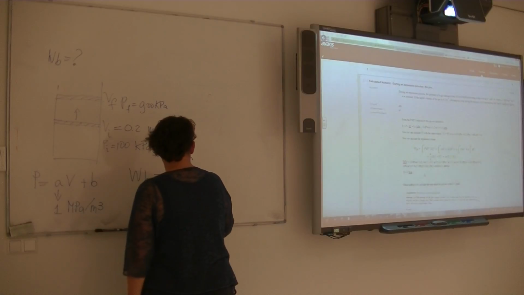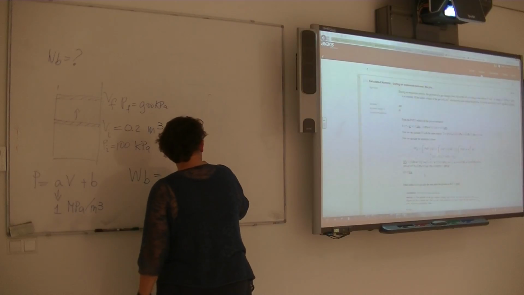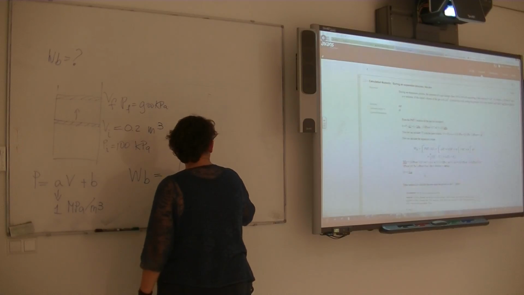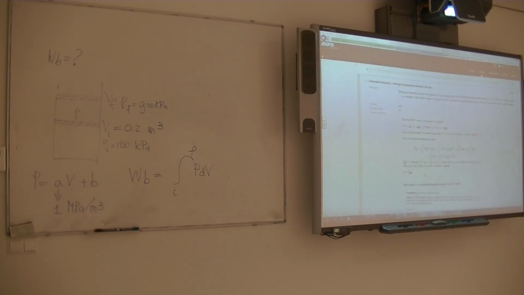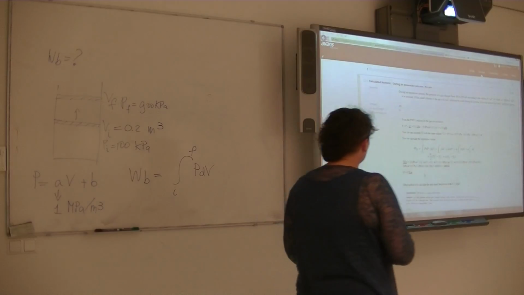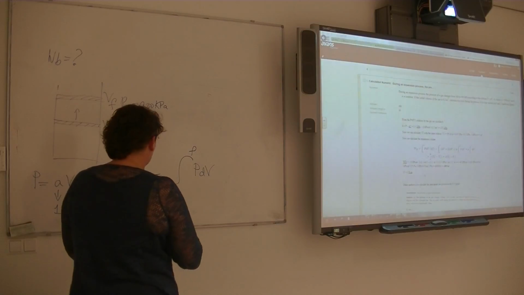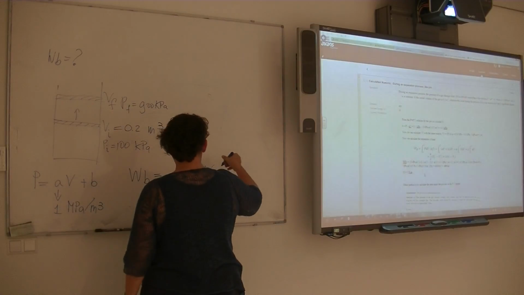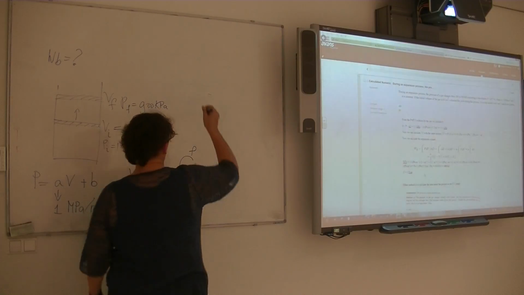It's the integral from the initial state to the final state for P dV. That is what we have to calculate. Well, we have to do an integration here. I'm not sure whether your integrating skills are up to scratch, but instead of P dV, we can write A times V plus B dV.